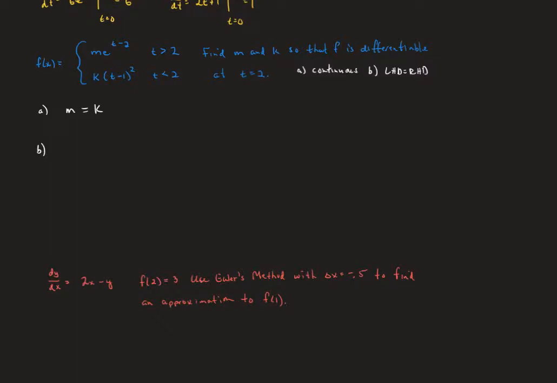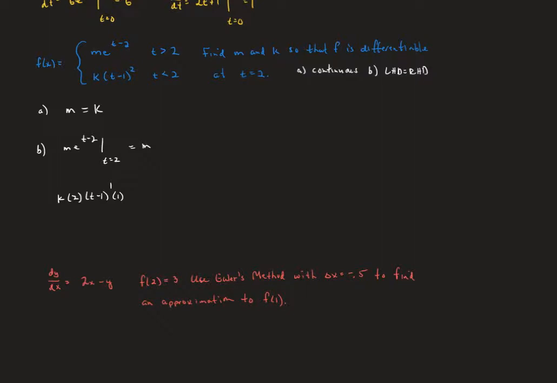Now, the second part, we need to take those derivatives. So the derivative of m e to the t minus 2 is m e to the t minus 2. So that, again evaluated at 2, is going to be just m. And for that second derivative, the k is going to hang out. We're going to get 2 times t minus 1 to the first times the derivative of t minus 1, which is 1.